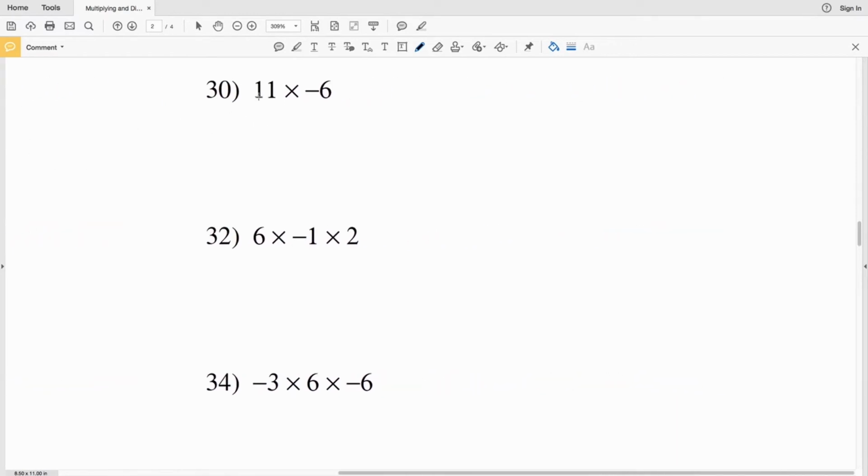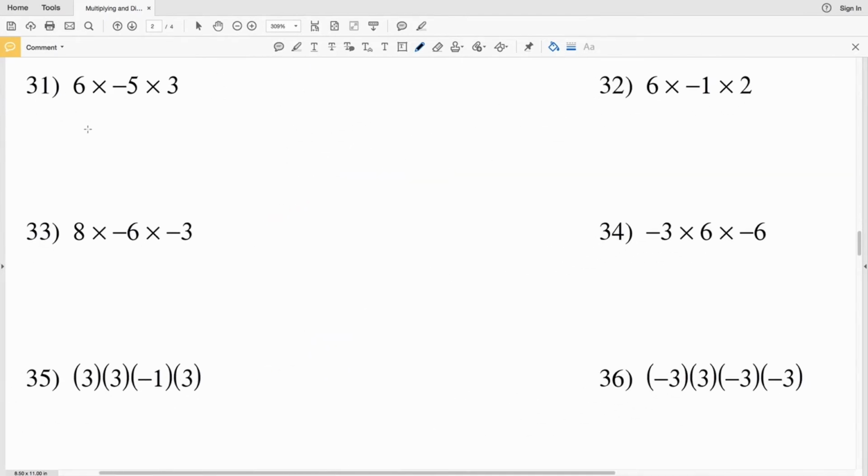Number 30, we have a positive times a negative. 11 times negative 6 is going to be negative 66. Number 31 actually introduces another number. So as opposed to just multiplying two numbers together, we're now multiplying 3.